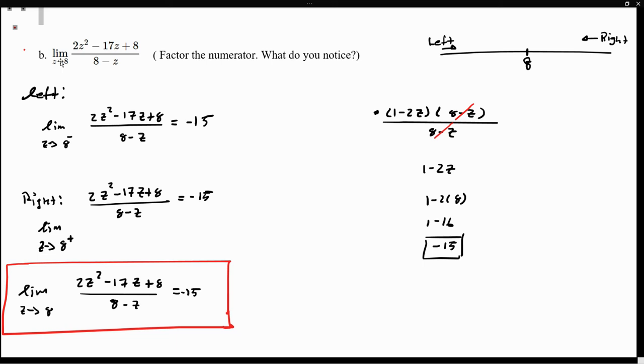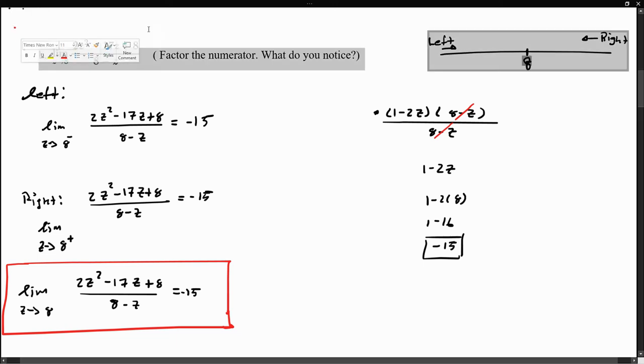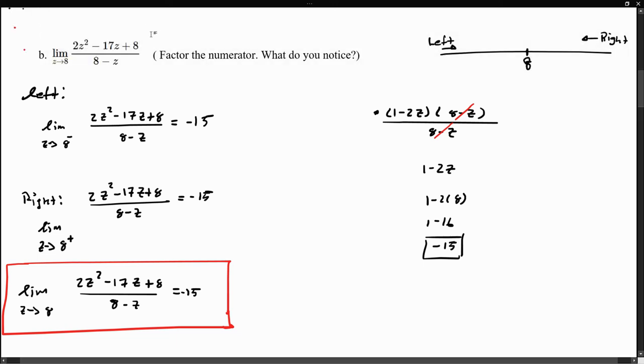So this is a very important problem because it addresses many questions that some students are going to have. One misconception that I have seen from students is that anytime you're looking for the limit, you are tempted to just substitute the value into the function and then treat the result as being the limit. Well, this is one of those examples where that technique doesn't apply, because if we just substitute z equals 8 right away into the function, we just saw that it's an undefined number.